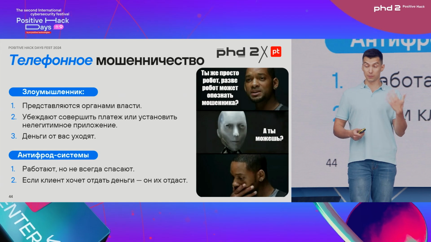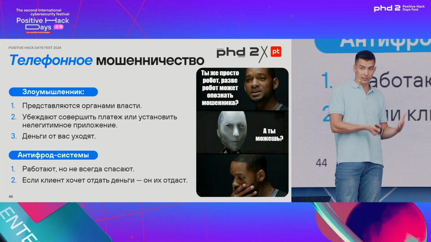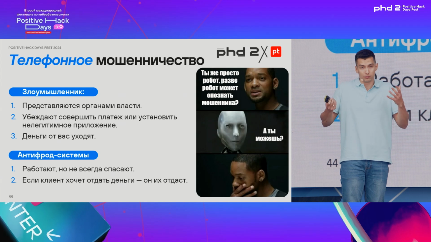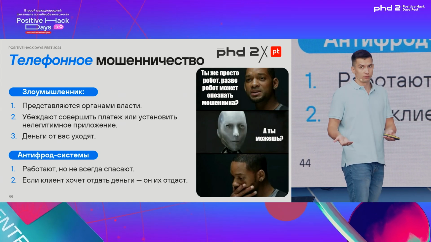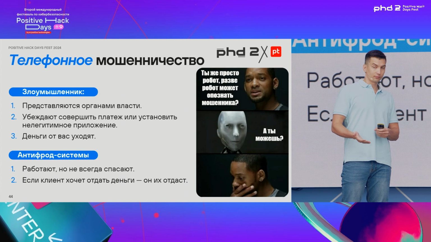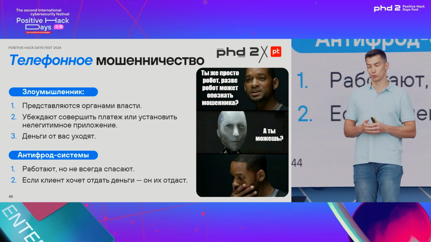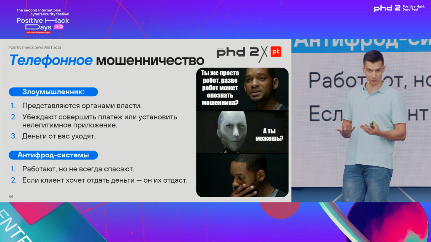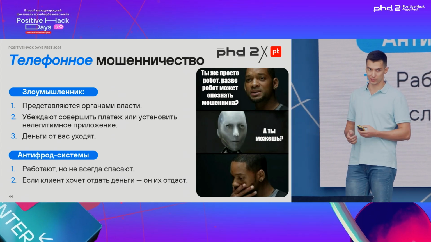They have to work and prevent this. Yes, anti-fraud systems do work, but they do not always save you. If you really want to transfer money, no one will stop you. And they may even suspect that maybe you are in collusion with this perpetrator.